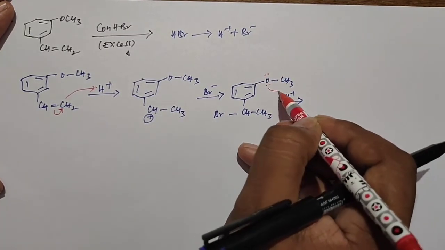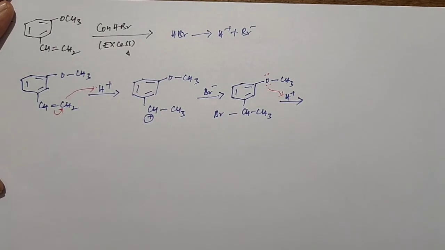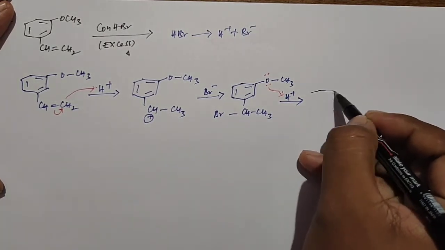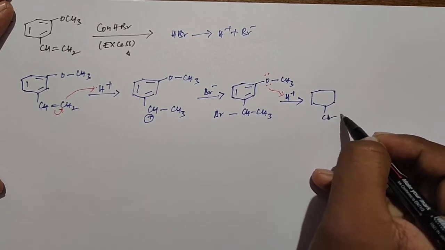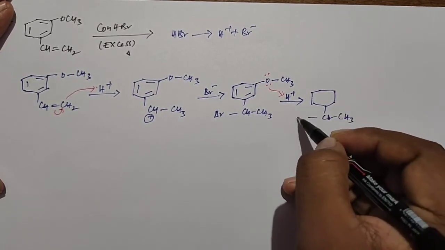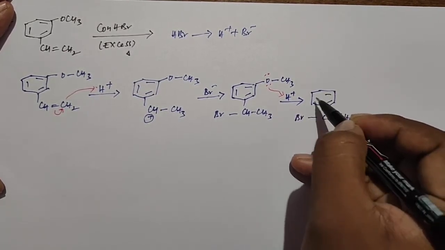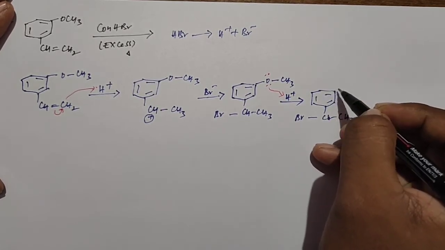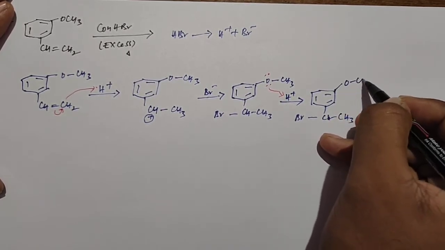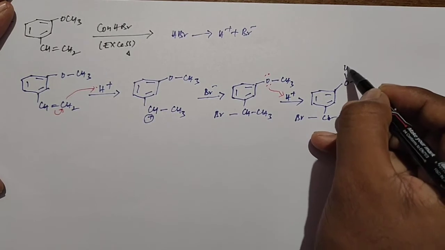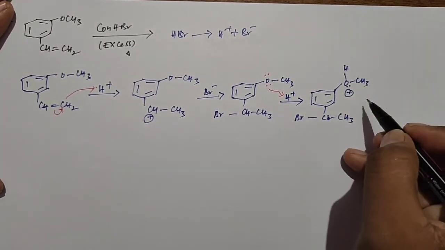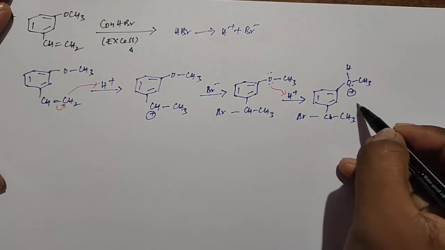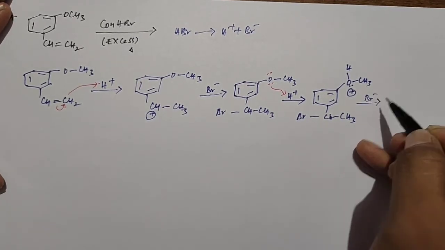So one lone pair of electrons can be donated towards the proton. Then we get the product. This is after it reacts with bromide ion.